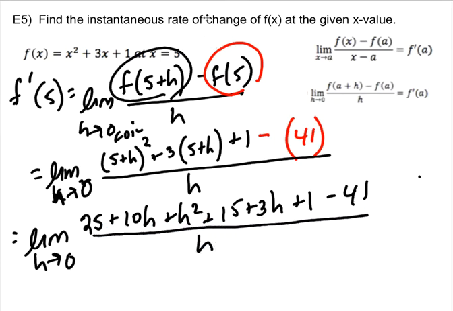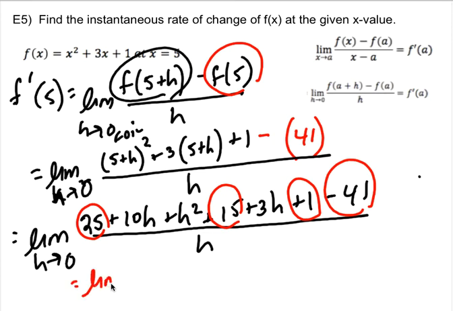Now, when I add up all my terms that don't have an h, which is this, and this, and this, and the negative 41, they're all going to sum to 0, conveniently. Because I have a 25 and a 15, that adds to 40, plus 1, that's 41, and then I subtract. So now I'm going to get the limit as h approaches 0 of h squared plus 10h plus, oh sorry, plus 13h.